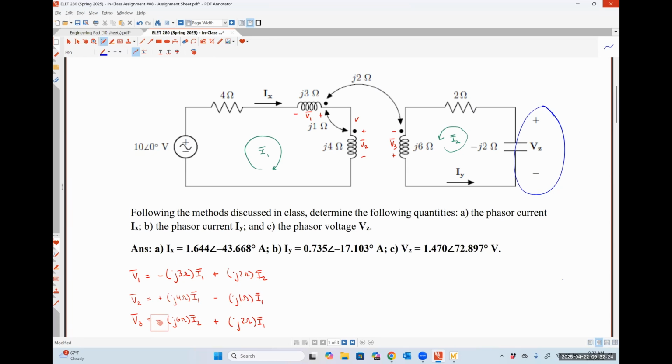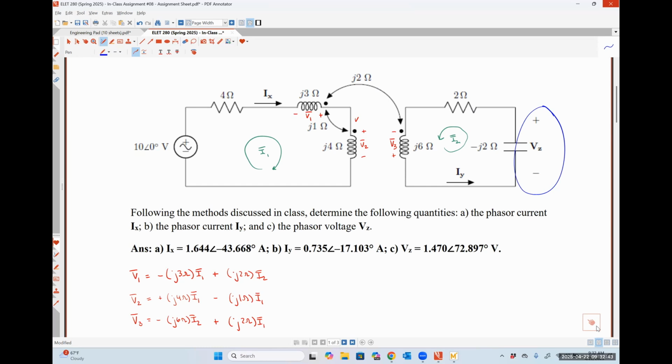And then for V3, the positive polarity terminal is at the undotted terminal, and the current is flowing into the undotted terminal. So that self term should get a minus sign.